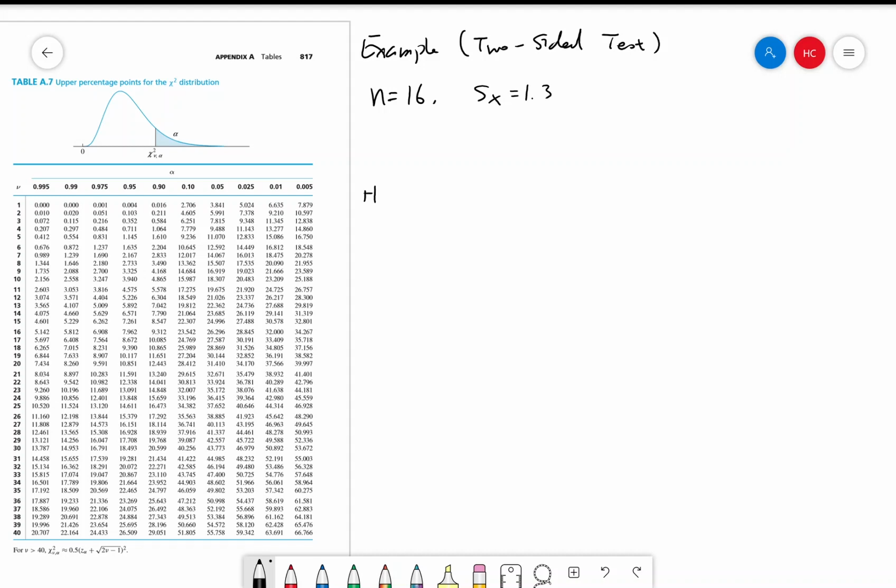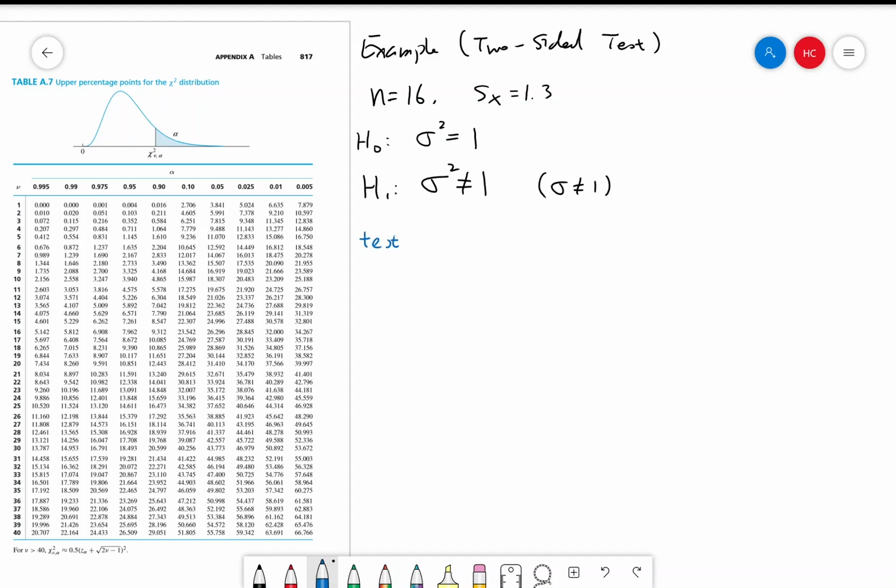We want to show that the population standard deviation is not equal to 1, or the population variance is not equal to 1. And so the null hypothesis is the opposite, which says the population variance is equal to 1.